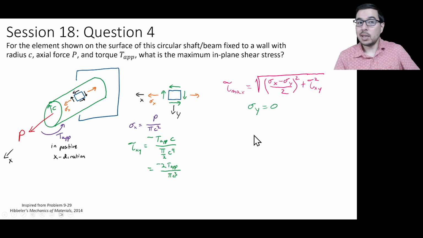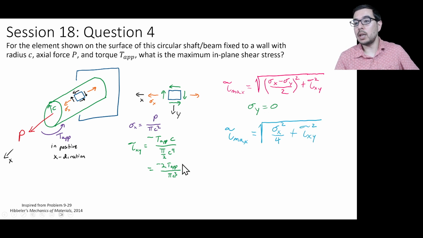And we can essentially just plug in what we have for the sigma x and tau xy, and this is going to be the resulting equation that we use. Maybe you want to do it in Python, maybe you want to do it on paper or a calculator. Either way is fine.